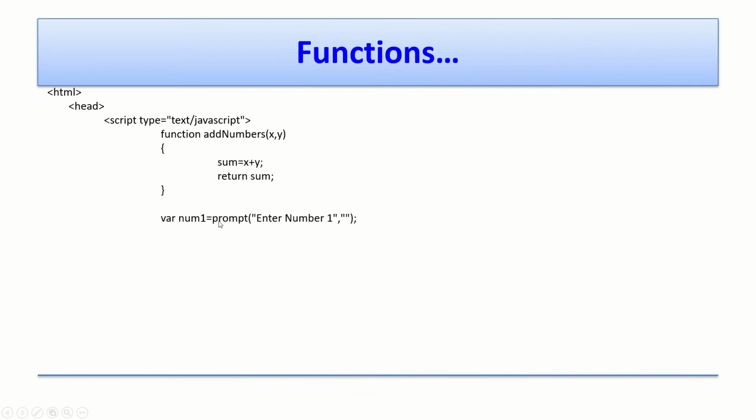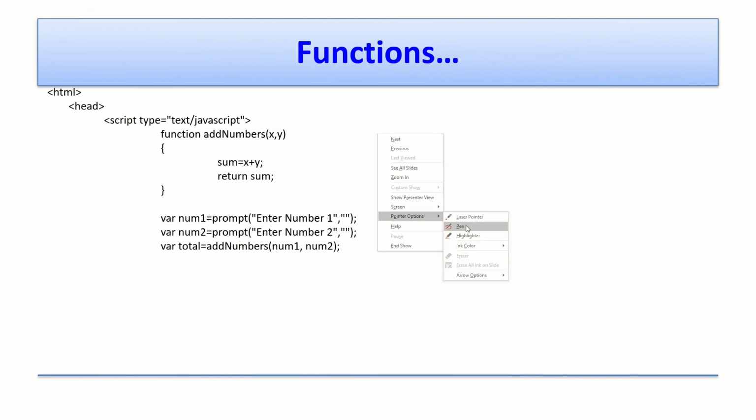Here I take two inputs from the prompt pop-up box. I take a prompt and assign it to num1, and then I take another value and assign it to num2. Then I pass these two values to the already defined function. This is how we pass it.